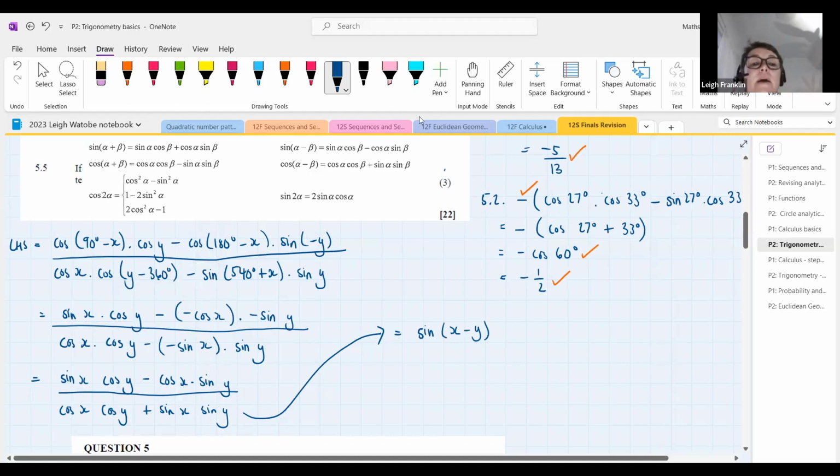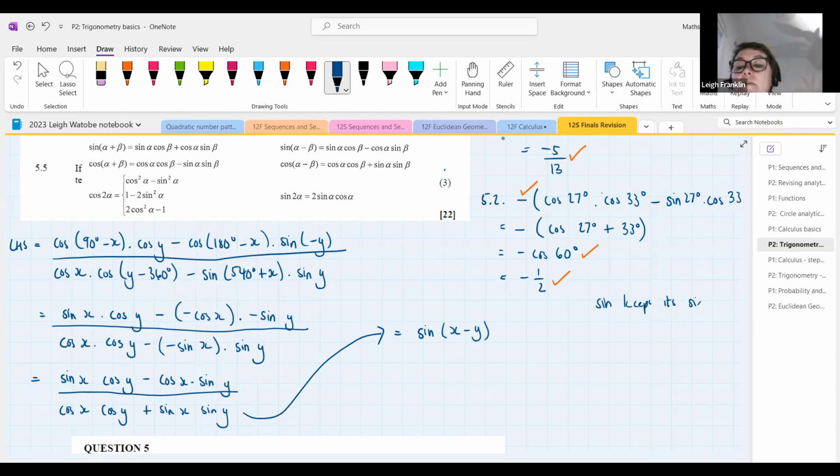Beautiful. Well done. Okay, so remember Kamogelo, yes, as a sign identity. Good, Lichlu. Kamogelo, remember sine keeps its sign. So if there's a minus here, there's going to be a minus over there as well. Okay, good. And now down at the bottom, we've got cos, and then sine.